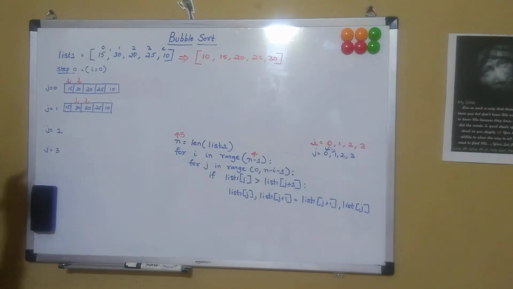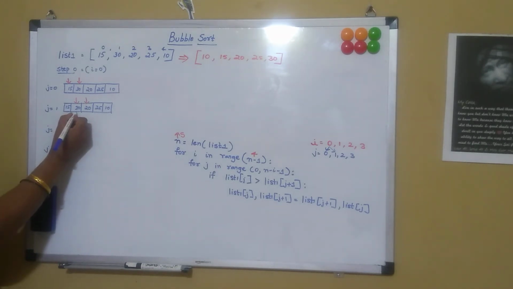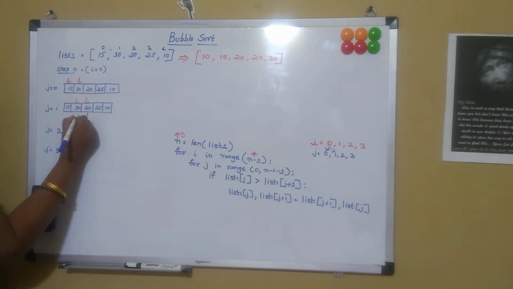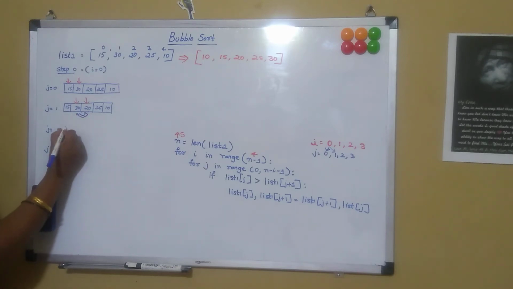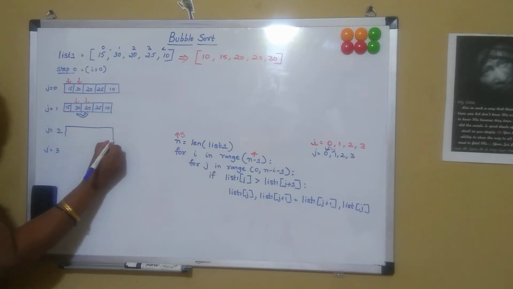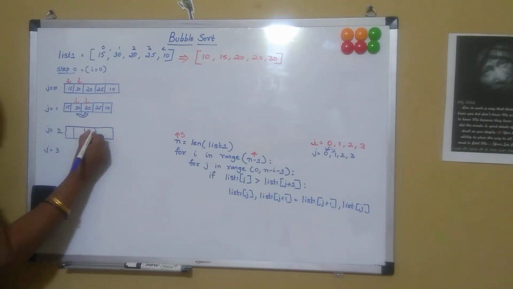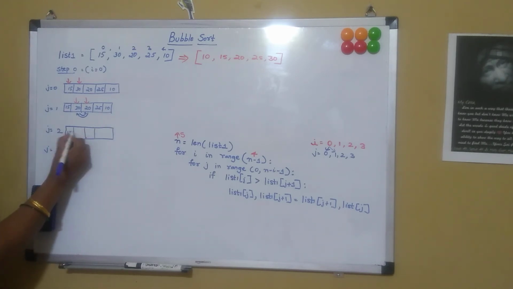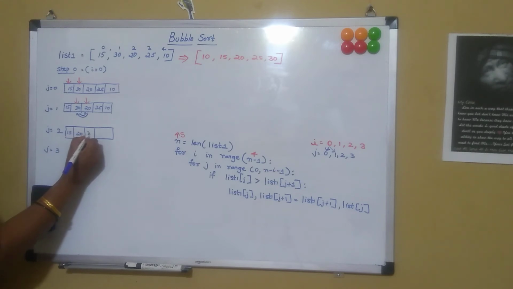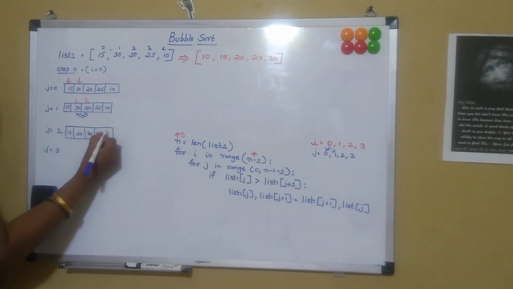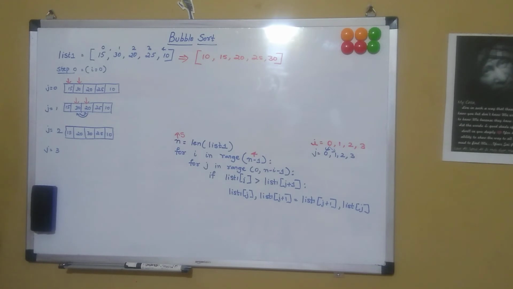So, here, list1 of 1 is greater than this particular value. So it will do the swapping. So this element will come here and this element will go here. So when j equal to 2, I'll have 15, 20, 30, 25 and then 10.